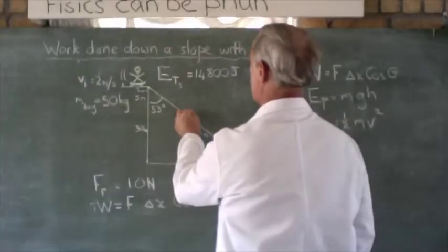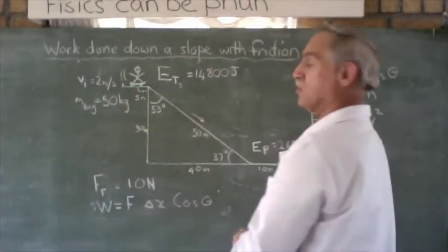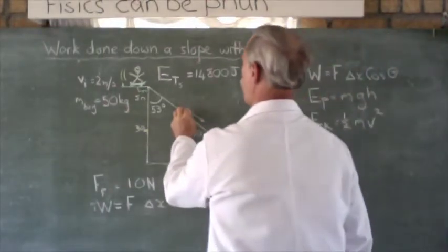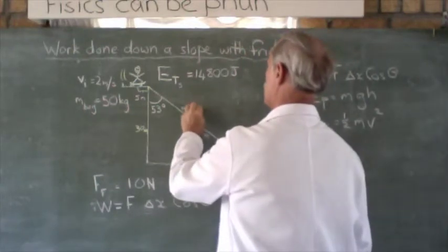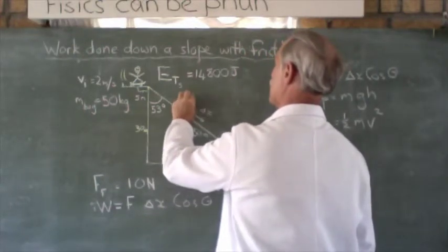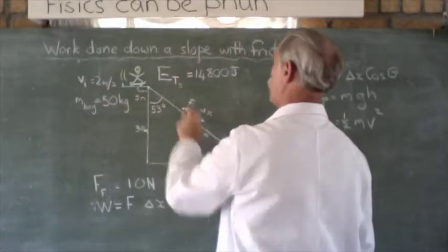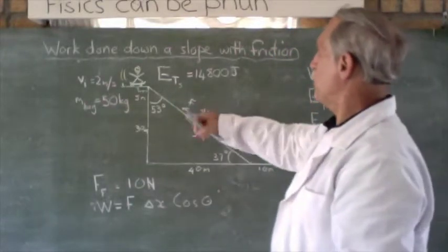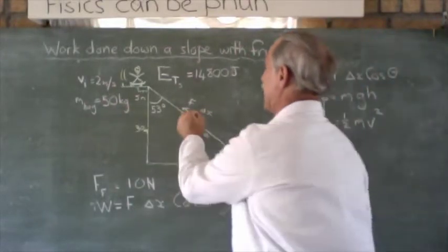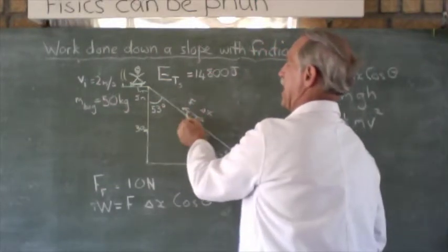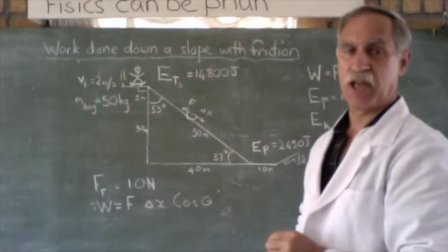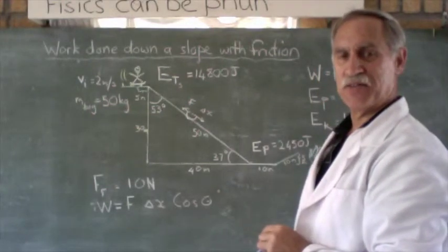If you have his displacement, which is that direction, friction is always going to be opposite to his displacement. So this is his delta x. That is going to be his frictional force. And so we measure theta as the angle between his direction of displacement and the direction which friction acts, which is exactly 180 degrees.